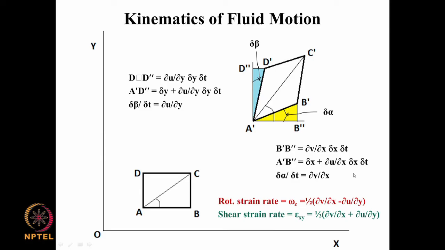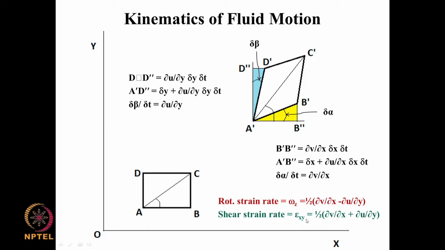When we talk about strain, it is the change in length divided by original length. This is the change in length, original length is delta x, so you divide by delta x, you get ∂u/∂x times delta t. So, rate of extensional strain is ∂u/∂x times delta t, that is a change in strain, divided by time delta t, that will give you ∂u/∂x. So, you can say that extensional strain rate in the x direction is given by ∂u/∂x.